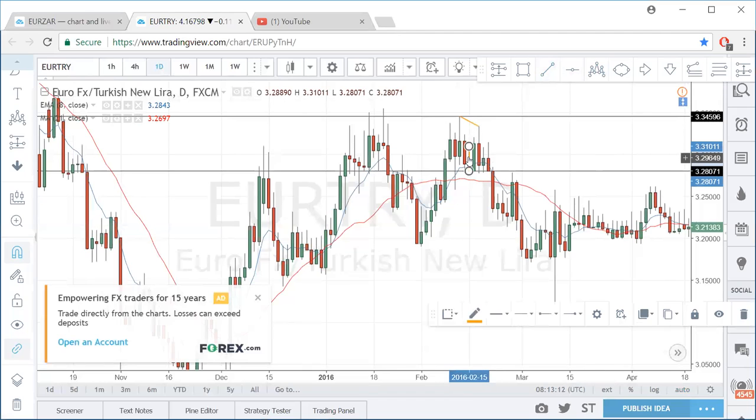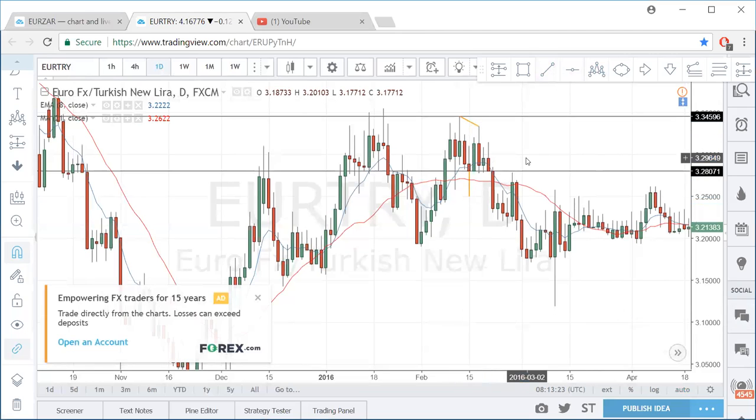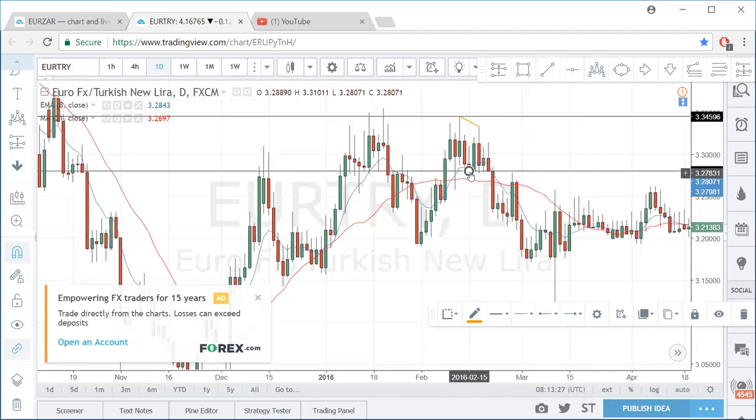Let me just put it here. Yeah, right? That's the distance from here to the wick. I pick this up, I put it on the neckline. I draw my horizontal line. Oh, sorry. It was here, right? It was somewhere here. Okay, let's just leave it here.